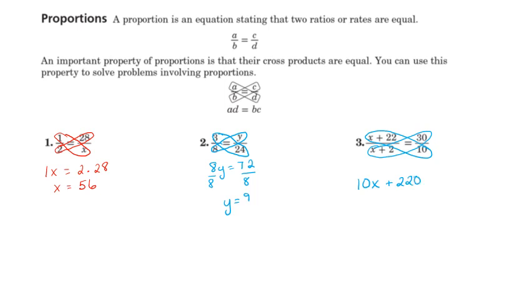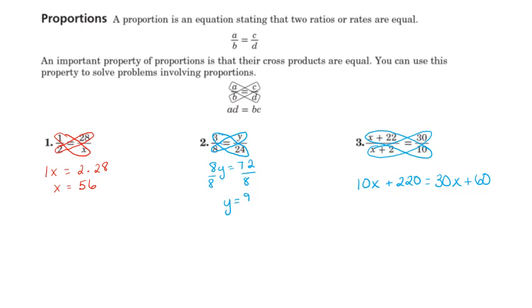So I did 10 times x and I did 10 times 22. Now I'm going to do 30 times x and then 30 times 2, which is 60.